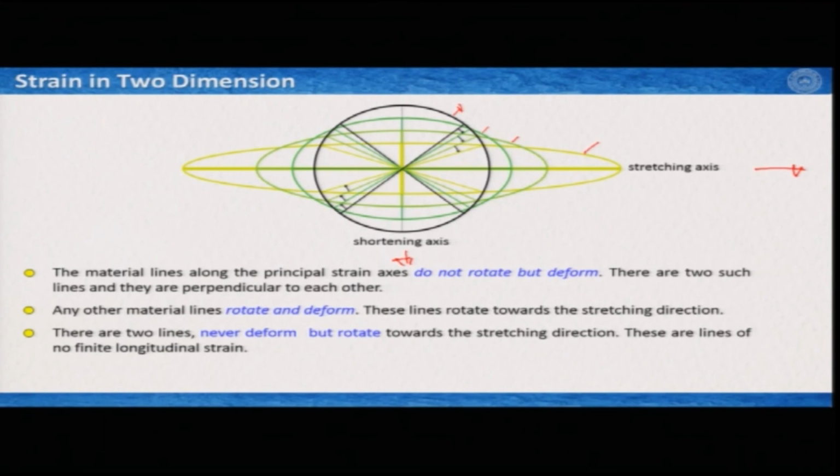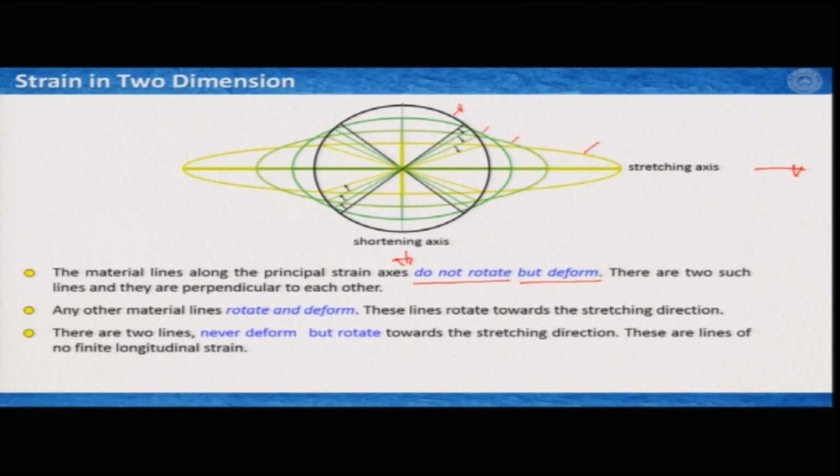Now, what we see here is that there are three different kinds of material lines possible in this description of these strain ellipses. Certainly you have learnt about the principal axes of strain. The material lines along the principal strain axes do not rotate but deform.